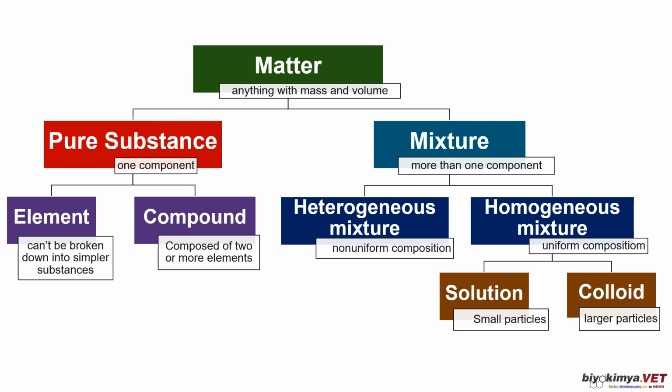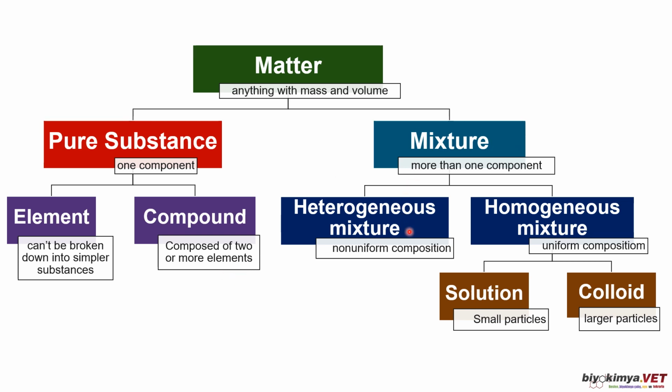And here you see a classification of matter. Anything with mass and volume is matter. If it carries one component, it is a pure substance; more than one component is a mixture. A pure substance can be an element, which cannot be broken down into simpler substances, or a compound composed of two or more elements.